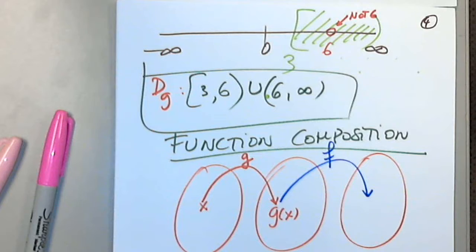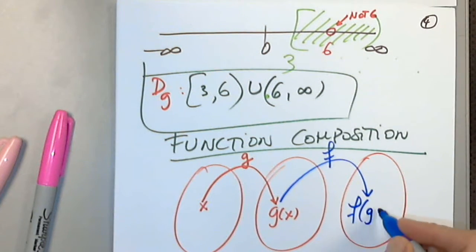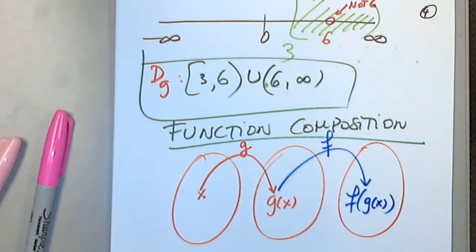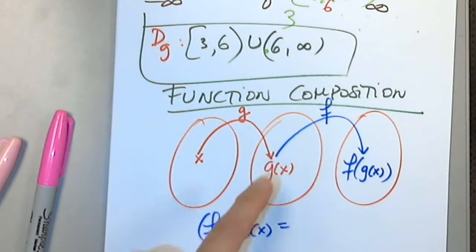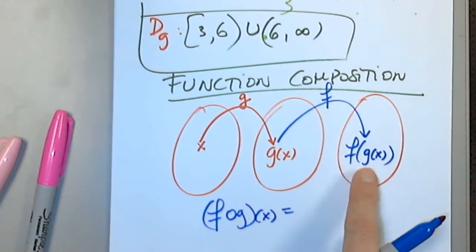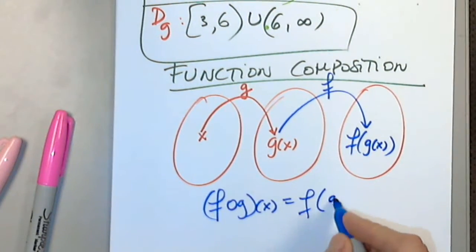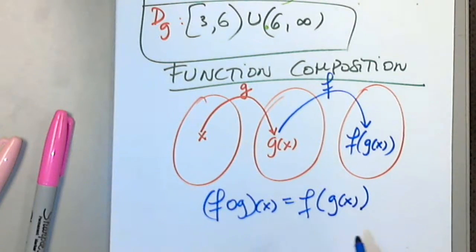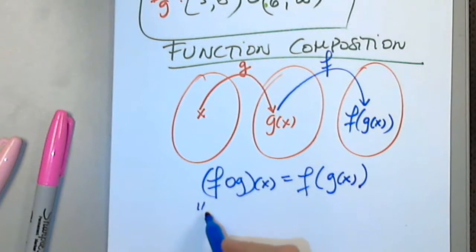What do I get at the end? F of g of x. This is what we call f comp g of x. So this is the function composition, which is f of g of x. That's the definition.